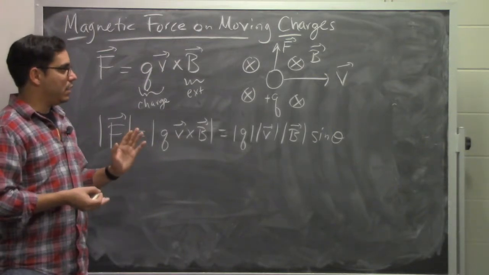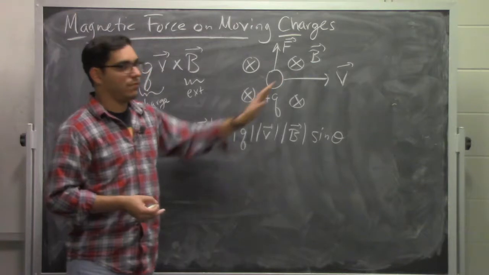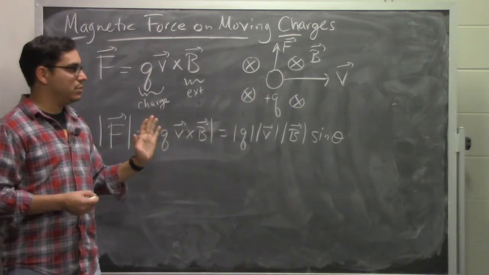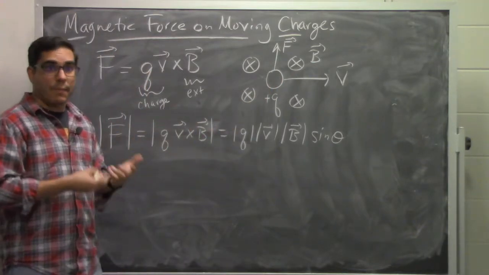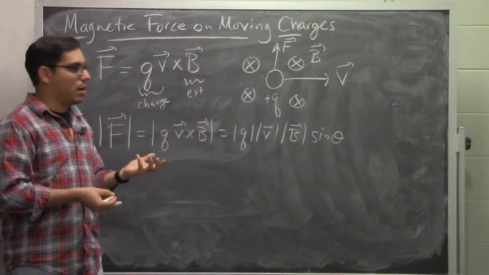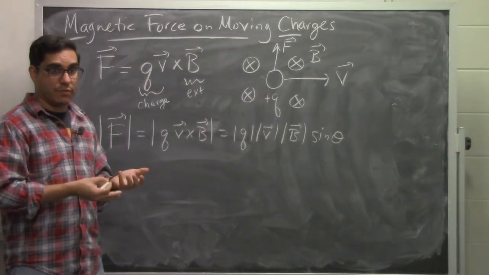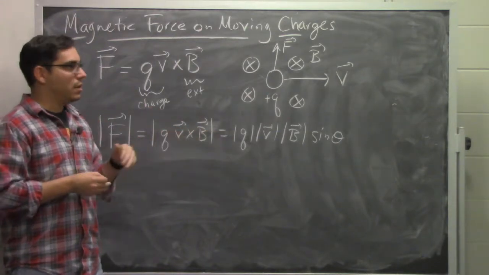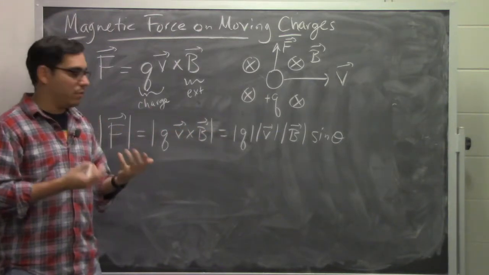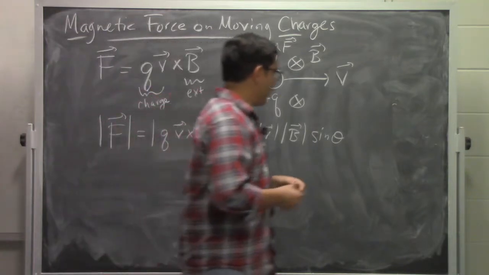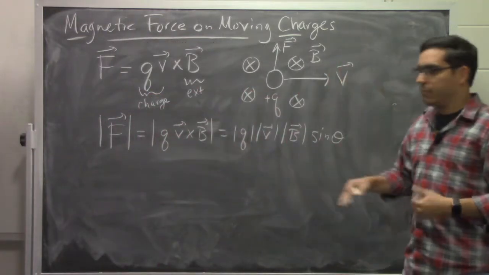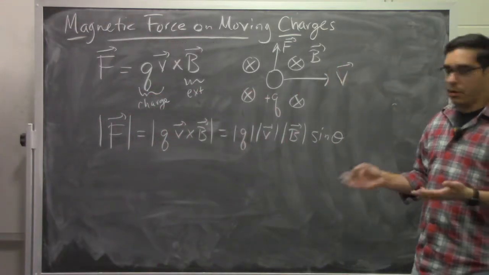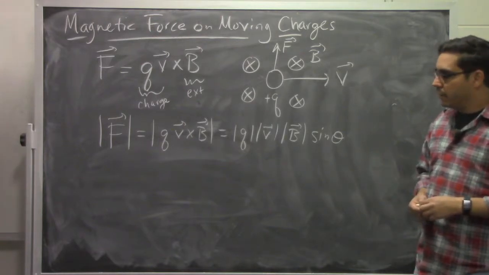So you can see when the velocity vector and the magnetic field vector are perpendicular to each other, you get the maximum amount of magnetic force. When they're parallel to each other, you get no magnetic force. So charges that move along the magnetic field direction experience no push or pull due to the magnetic interaction. Those are the two extremes, and then everything in between is just a little bit larger or smaller depending on what you're looking at.